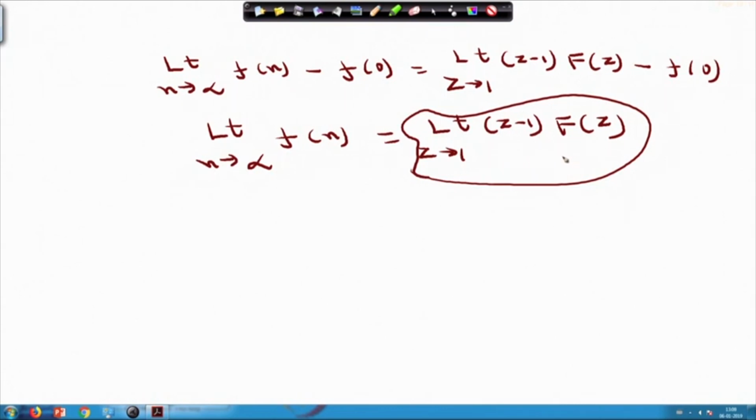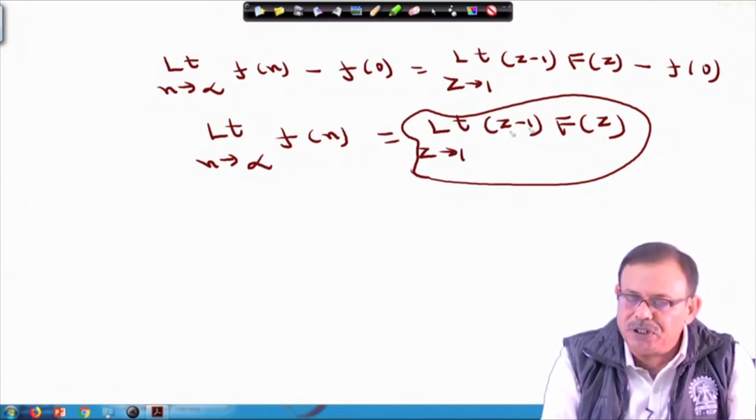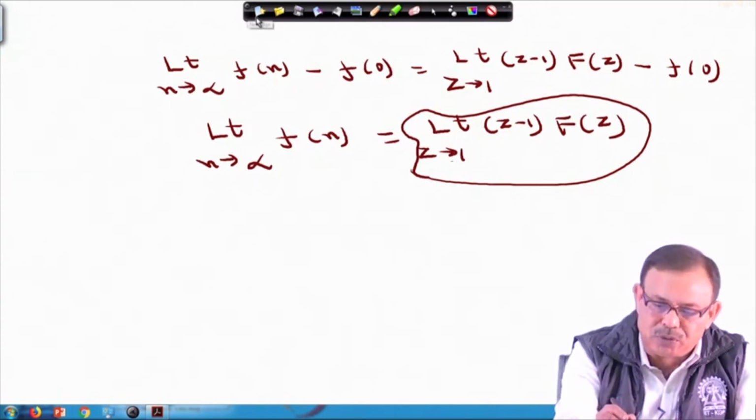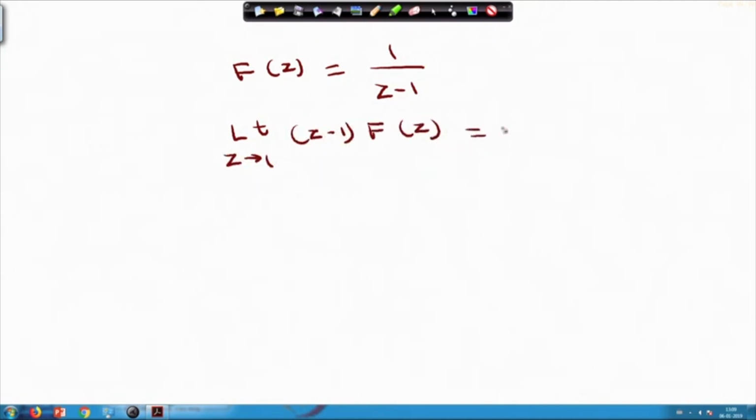Let me give one or two counter examples from which it will be clear that, depending upon the value of capital F z, this value may not be 0. Say your f z is 1 by z minus 1. In that case, limit z approaches 1, z minus 1 into f z equals 1, which is not 0.